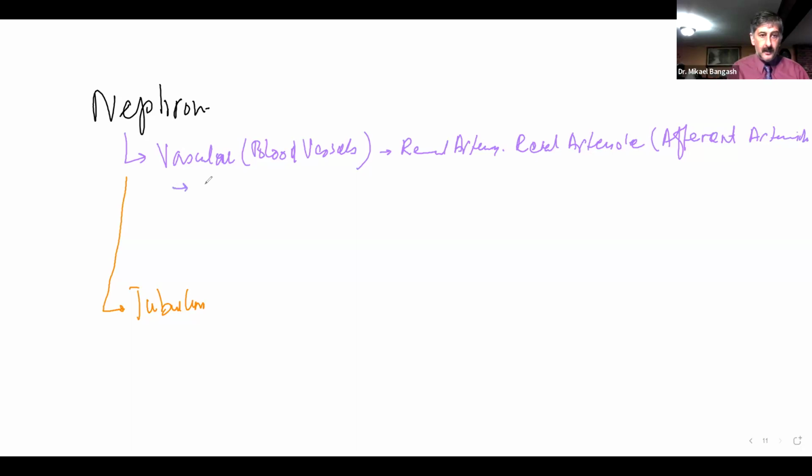Which then leads to what we call the glomerulus. And this glomerulus here, what was that? That was a set of capillaries, which is going to lead off into, sorry, the efferent arteriole.